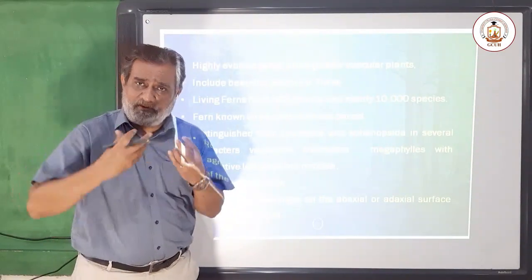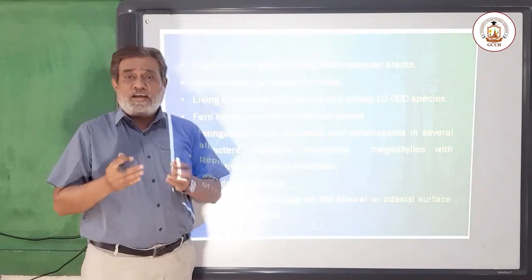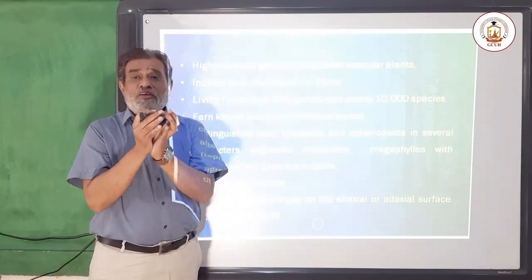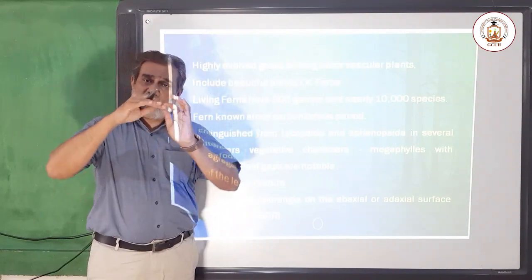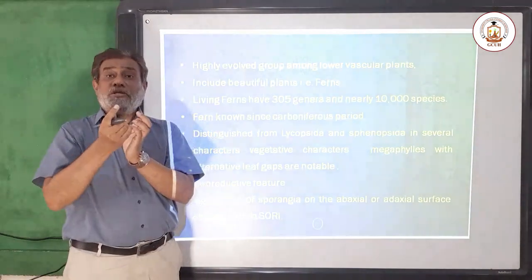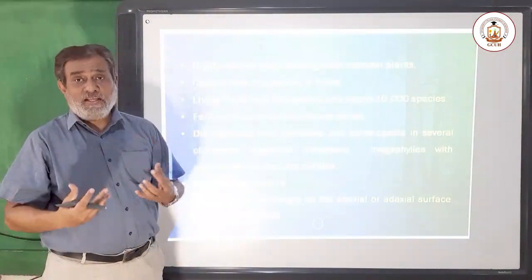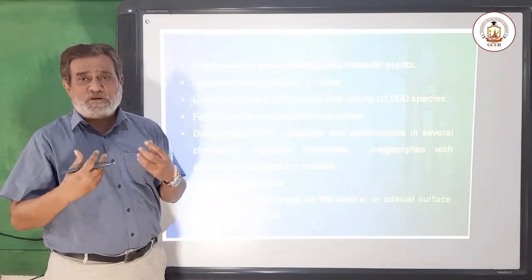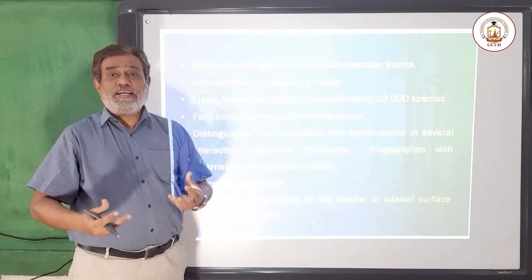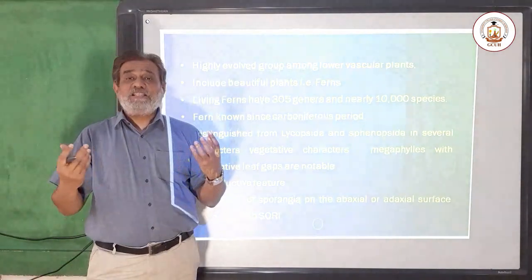Instead these special structures, which have an aggregation of sporangia, are present on the foliage leaves. So we can say that no special strobilus is present for the sporophyte. And we also know that the main plant of all vascular plants is the sporophyte.